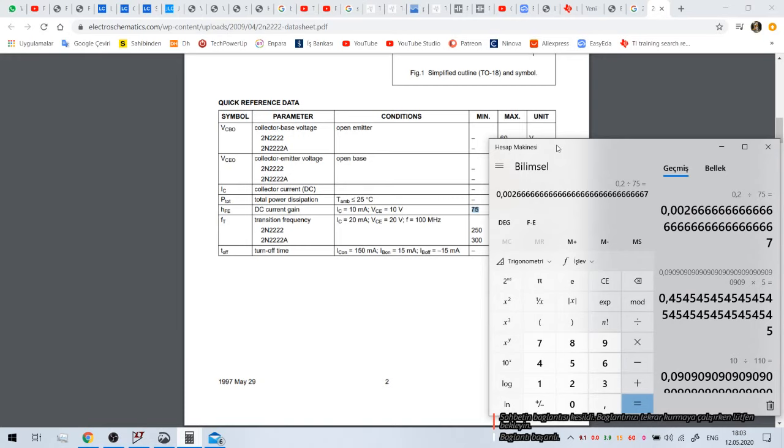You can see we need only 2.5 milliamp base current to drive this transistor.